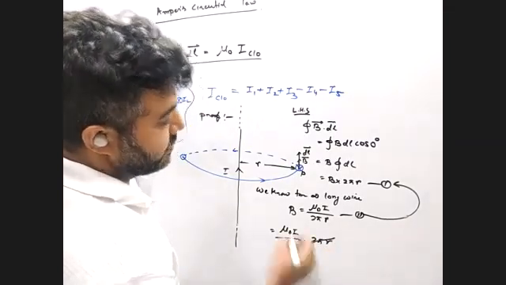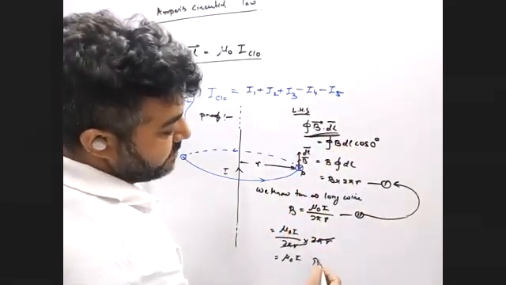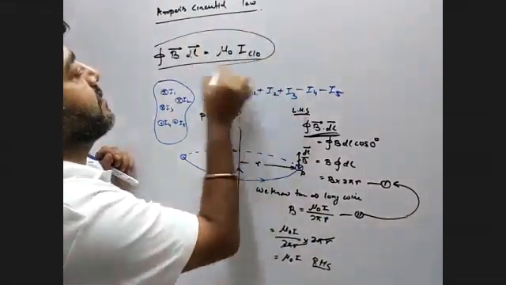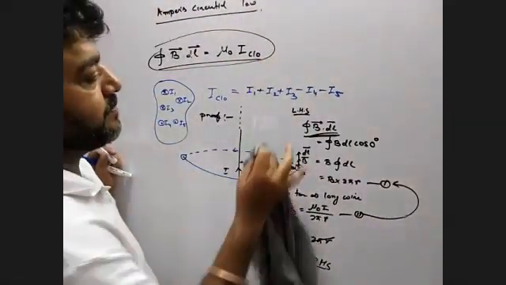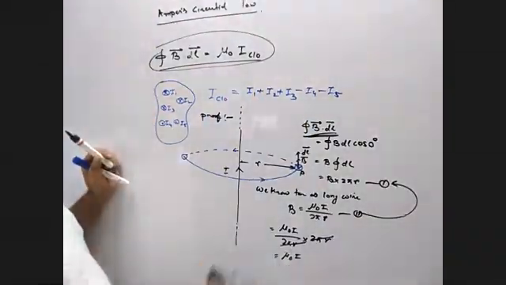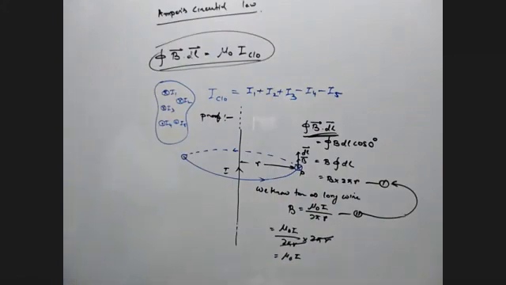So mu naught I. So my left hand side is equal to the right hand side. B dot dl is mu naught I. Clear everyone? Yes, sir. This derivation is very important. By using this Ampere circuital law, we can find out the magnetic field at any point.